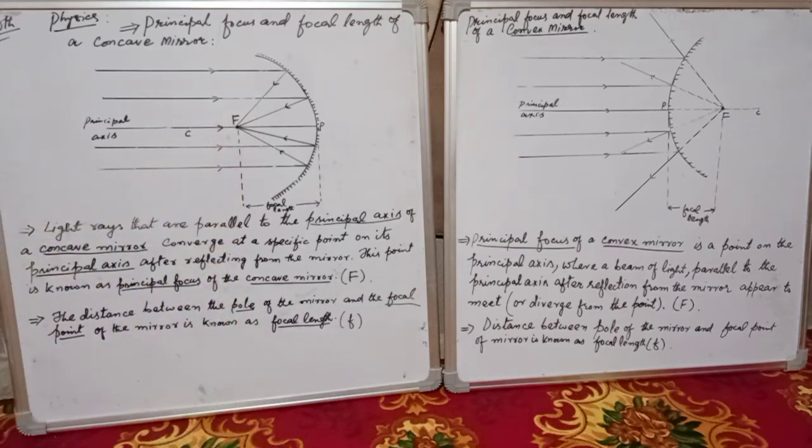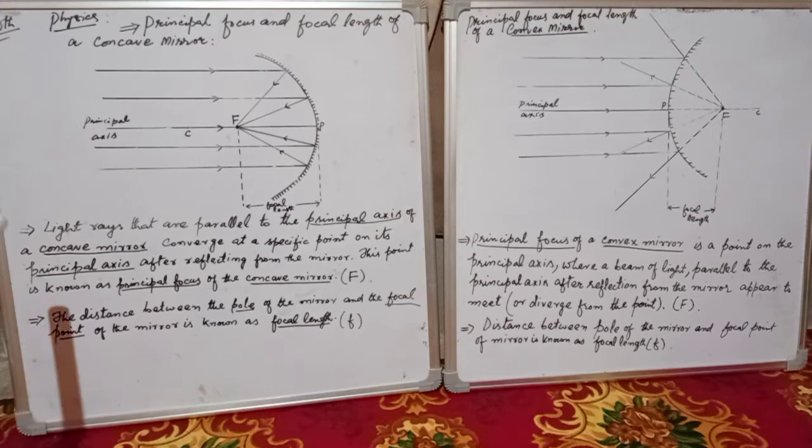And the point where these rays meet, where these rays converge, where these rays focus, all these rays that are reflected from here meet at one point, converge at one point. And that very point is called, dear students, the principal focus of the concave mirror.